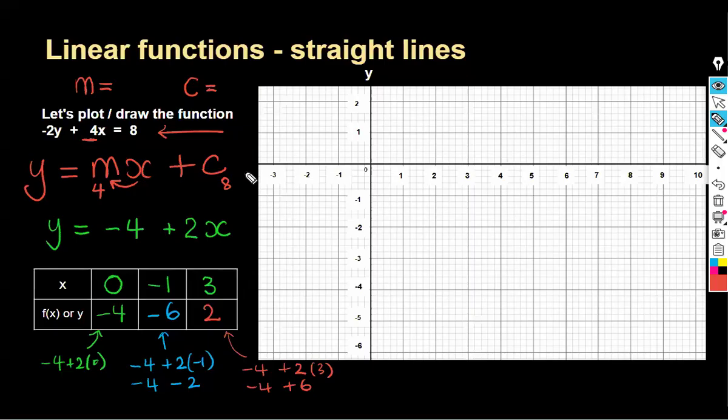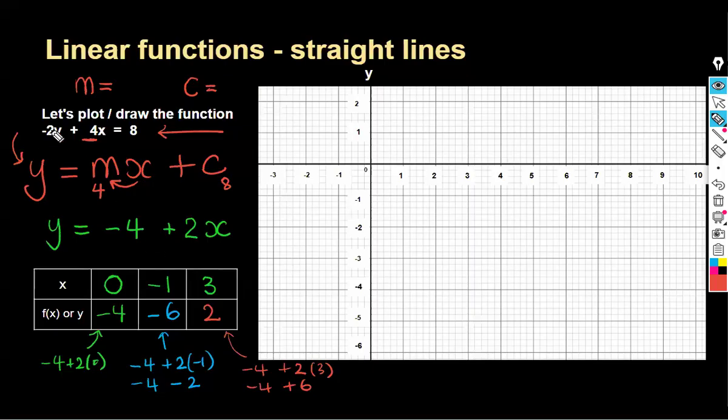Let me explain why. Whenever you are trying to identify your m and c values, your gradient and y-intercept, who must be the subject? You cannot go around identifying m and c until you make y the subject. That's standard throughout maths.